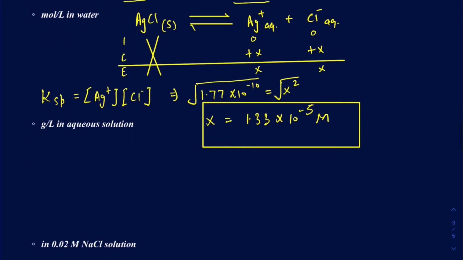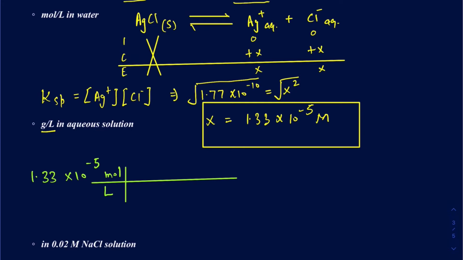If you're asked to figure out the solubility in grams over liters, don't forget to convert the moles into grams. So right now, I know the molar solubility in moles over liters, which is 1.33 times 10 to the minus 5 moles divided by liters.